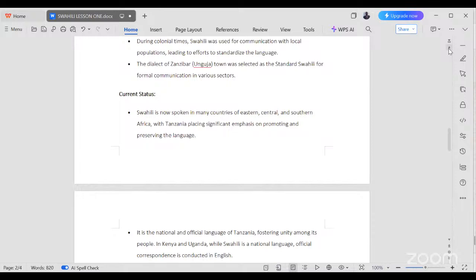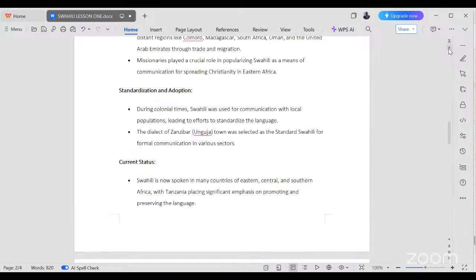And as I've said, of course, currently the eastern part of Africa, including Tanzania, is leading on this, making Swahili their official and national language. Beyond that, I've said again that Swahili has come from various dialects, Kiunguja, Kiamu, and Kimvita, but they have agreed on a standard Swahili which is called Swahili Sanifu.